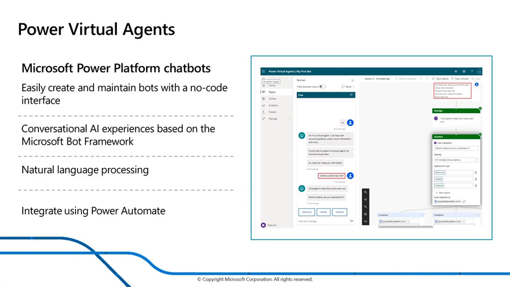It could be the Dataverse database, it could be the SAP database, it could be a CRM system, whatever you want, and bring some information back into the conversation about maybe an order that is still on hold because a part is missing, let's say. That's the kind of thing that can be easily automated with Power Virtual Agent.